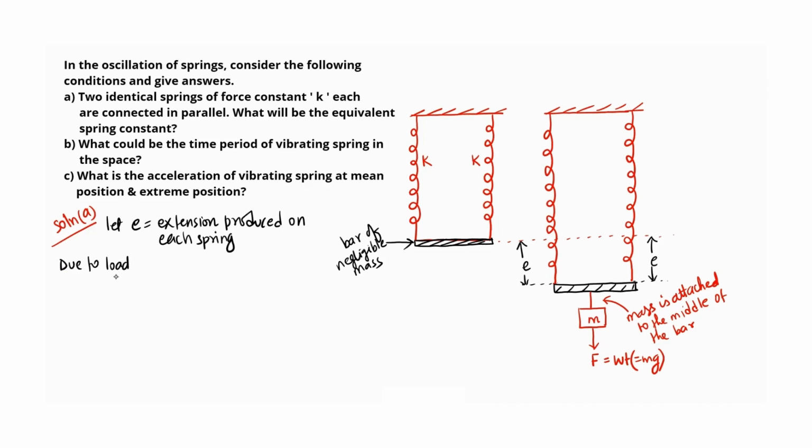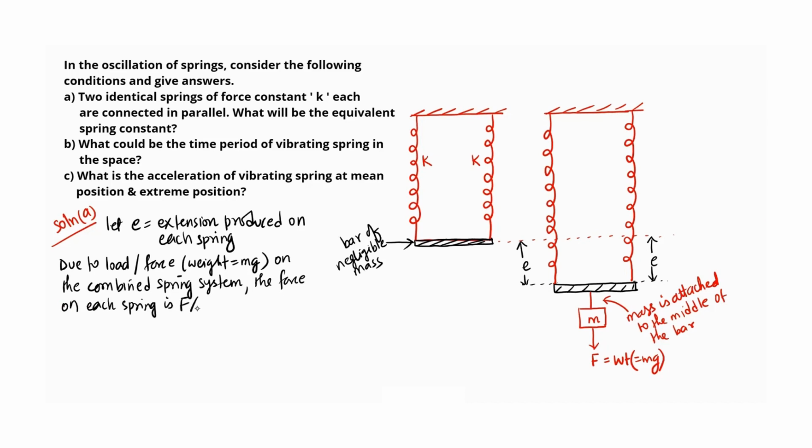Now, due to load, or force, or we can write weight equals mg on the combined spring system, that is we have a parallel system, the force on each spring is F by 2.